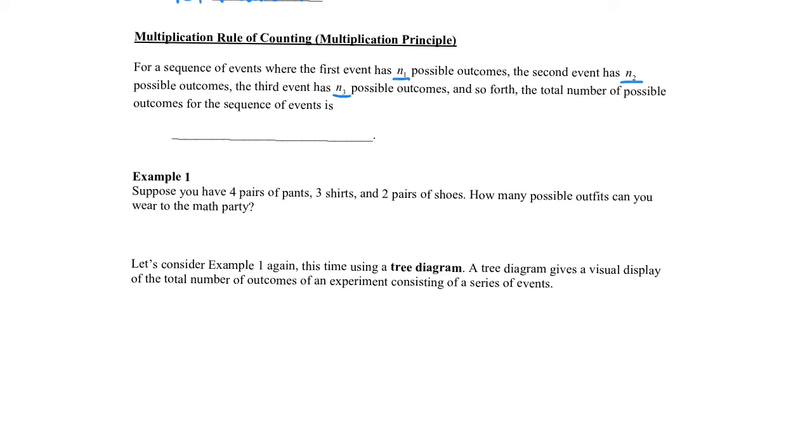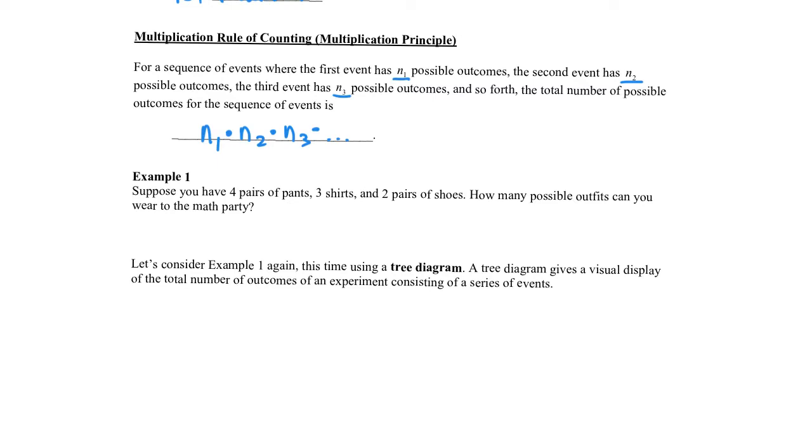These n with the subscripts are just integer numbers. And we'll write down the formula here, but when you see it in practice, it makes perfect sense. The total number of possible outcomes for the sequence of events is n sub 1 times n sub 2 times n sub 3, times however many there are.